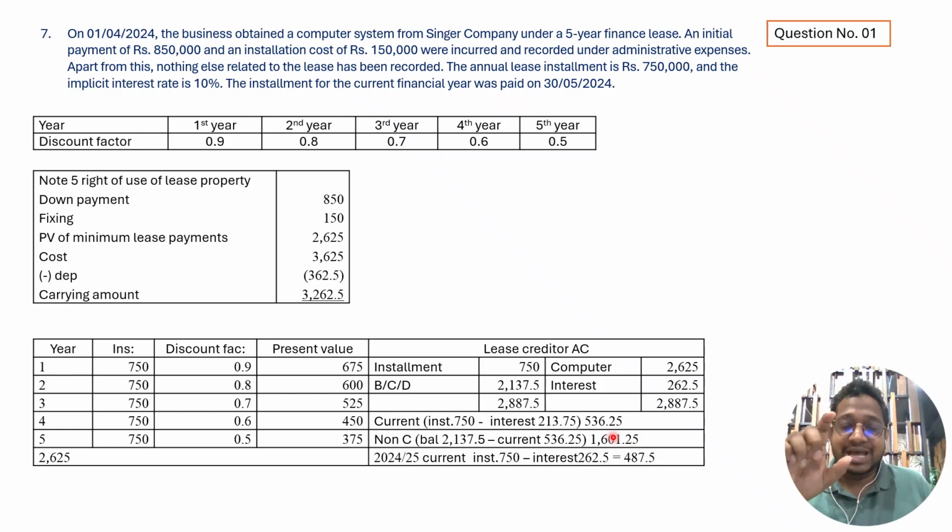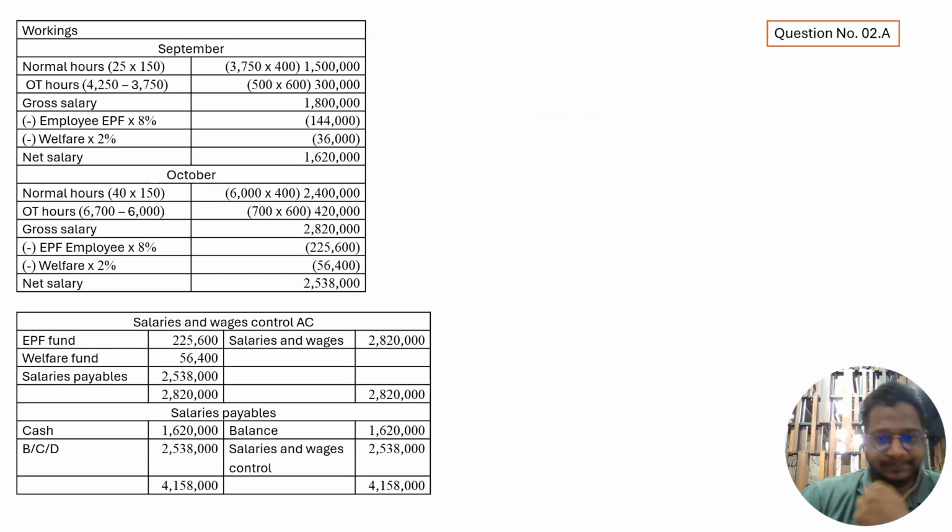Those two should be added together and recorded in current liabilities, right? And this value you should mention in non-current liabilities. Yes, that's how to do the company accounts, and this question I prepared based on the 2024 past paper. Let's see the other questions.